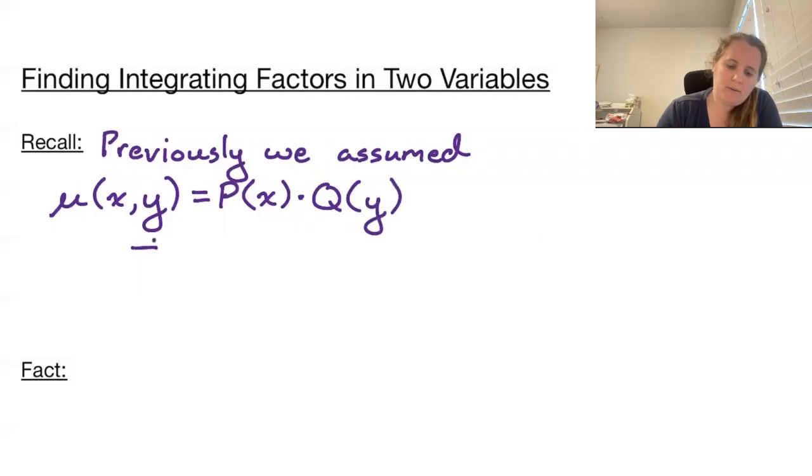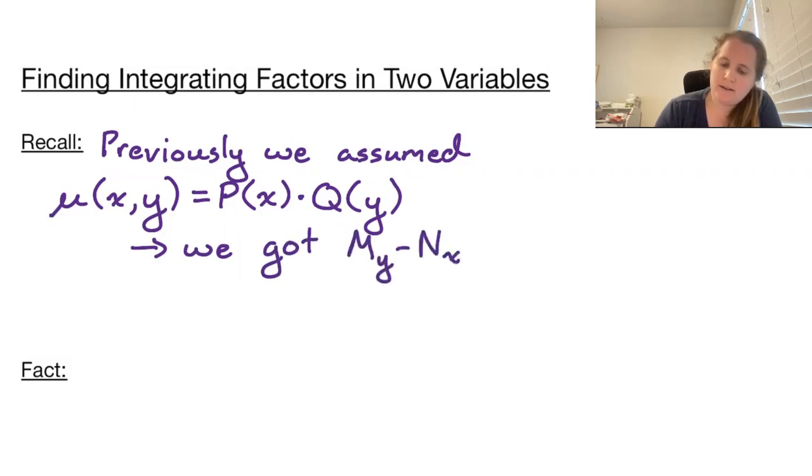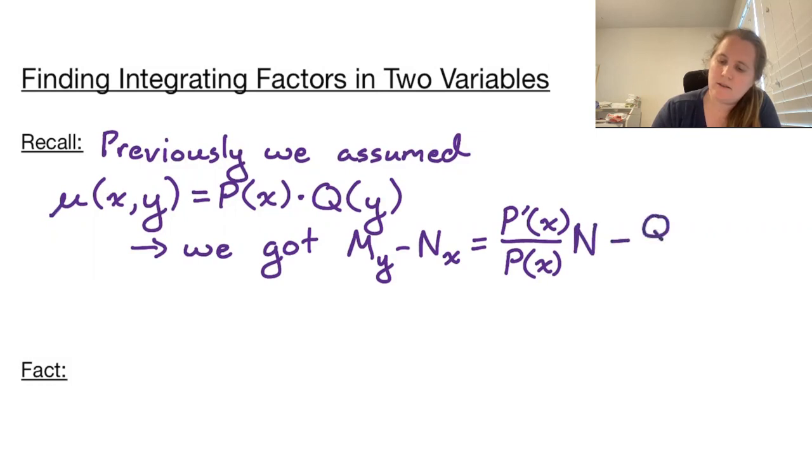And then we got that this therefore meant that My minus Nx was equal to P prime of x over P of x times N minus Q prime of y over Q of y times M.